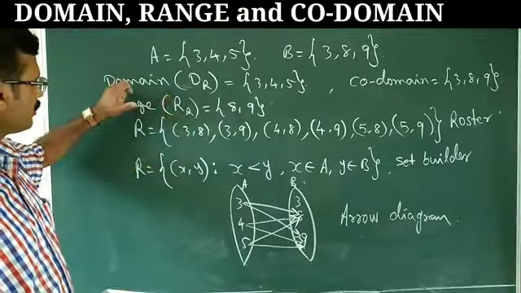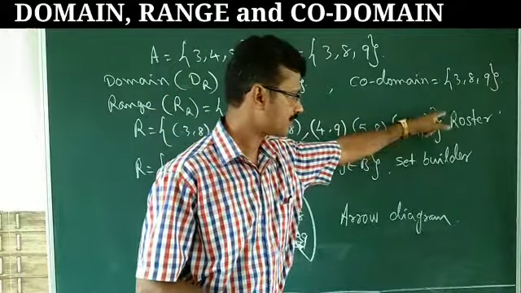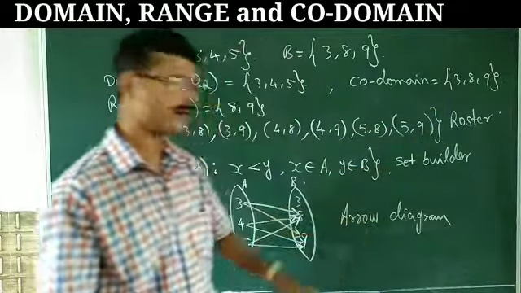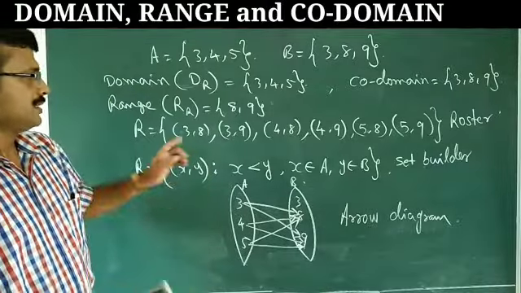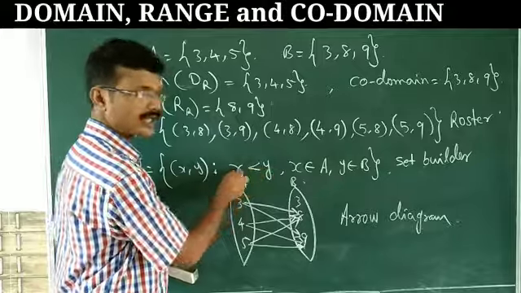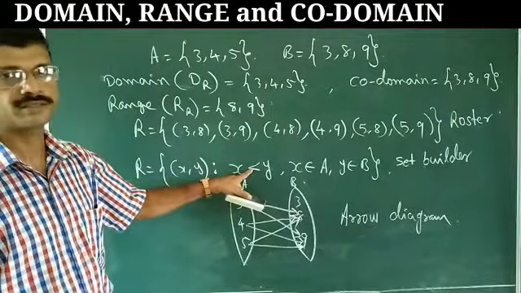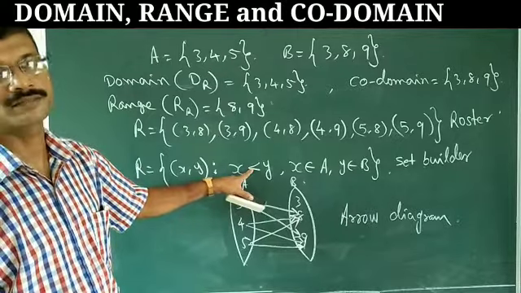So: domain, range, codomain, and the different ways of representing a relation: roster form, set builder form, and arrow diagram. This association between the elements of sets is known as the relation. Here it was less than, sometimes is a factor.